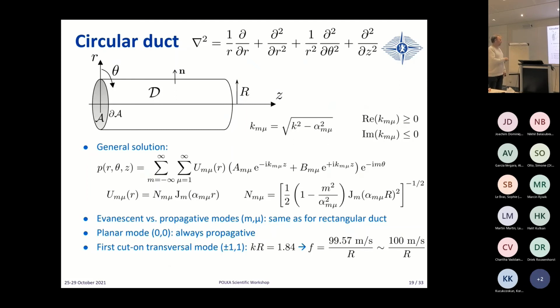Sometimes you see the mode plus minus 1, 0, but the point is that mu in here is the first non-trivial zero of the derivative, and there is nothing like a 0th root of the derivative of the Bessel function. Normally, you will start from the first non-trivial root of the Bessel function. So in some references, you will find the numbering for the radial mode starting at 1, which means no radial dependence. That's the thing that is a bit confusing.